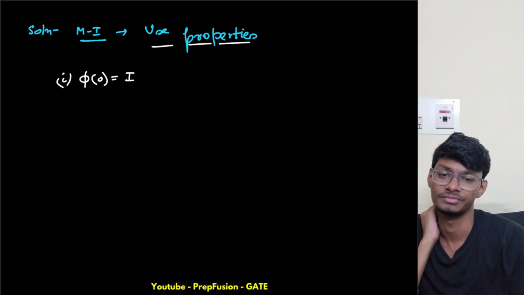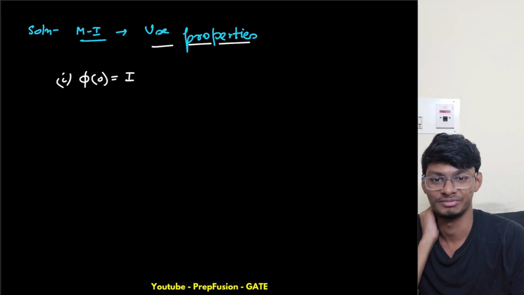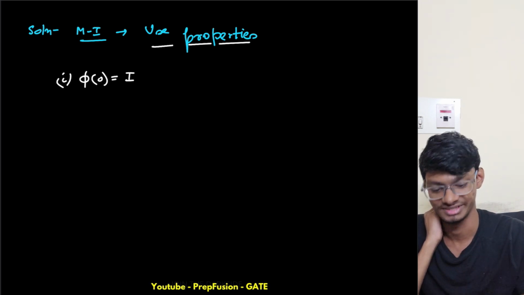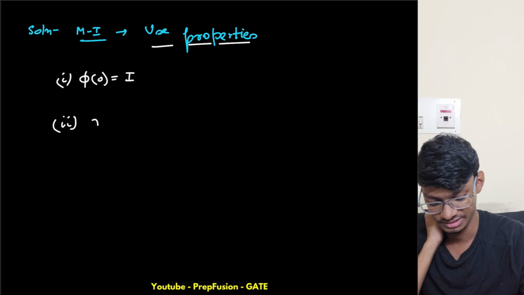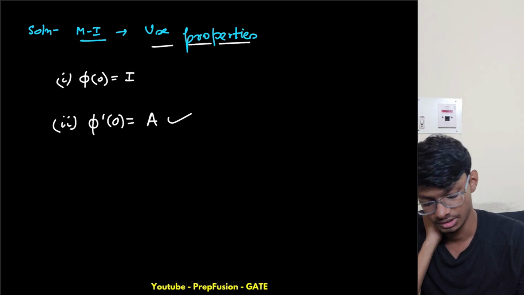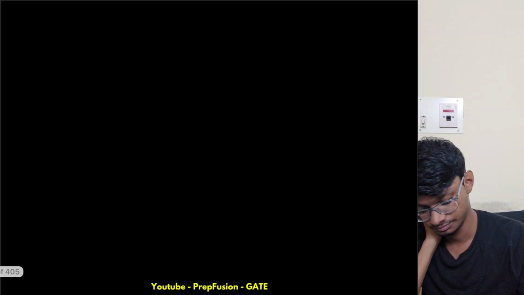So you can directly jump to the second property. The GATE people are also smart, so they will give the first property to all the options. So second is phi dash of 0 equals the system matrix. So you use this property.